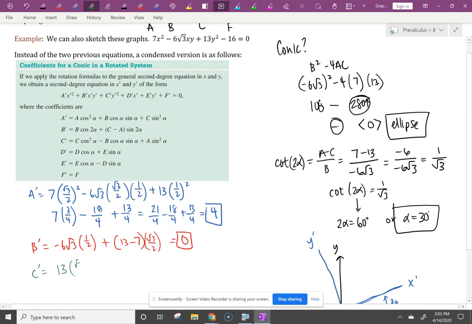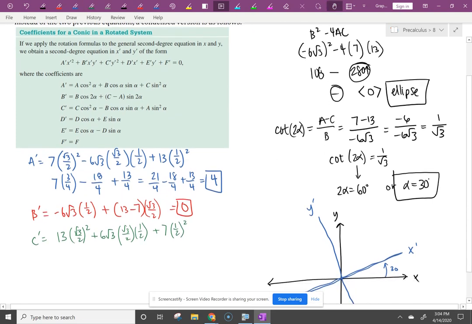So root 3 over 2 squared minus B, which is minus, or in this case, plus 6 root 3 times the cosine and the sine, root 3 over 2 times a half. And then plus A, which was 7, times the sine squared, which is a half squared.